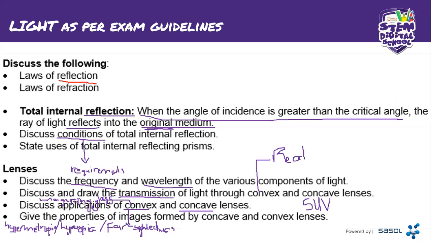Then we have a concave lens. And a concave lens is used to correct an eye condition that we call short-sightedness, or what we call nearsightedness. Now, these are not different conditions. This is the same condition, which we then call nearsightedness.